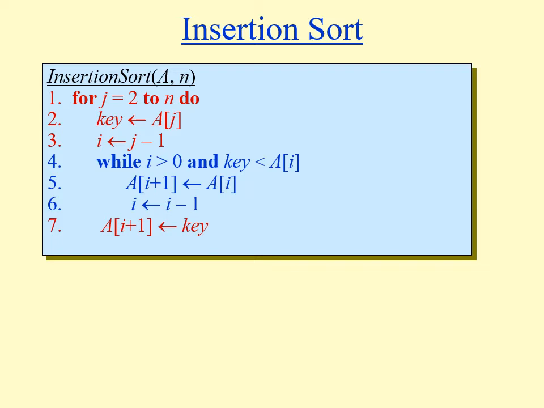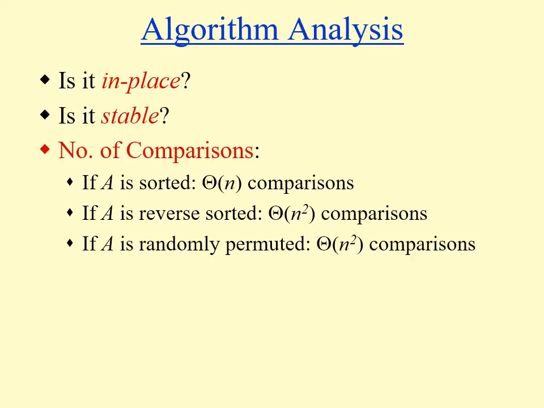Let's do analysis for this one. The first question: is it in place? In place means that the algorithm only allocates an additional constant amount of memory to do the sorting.